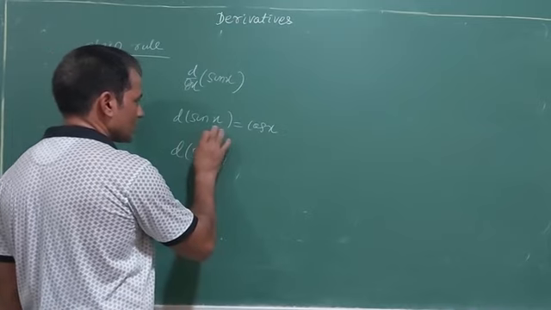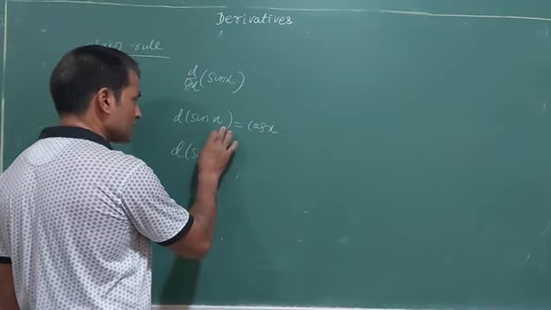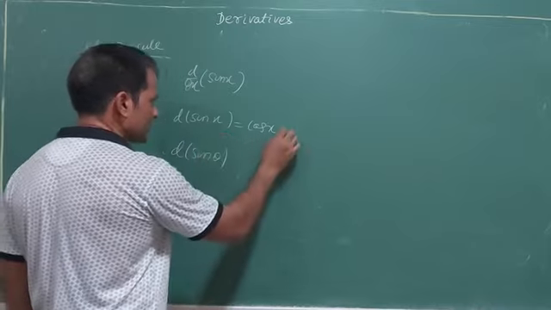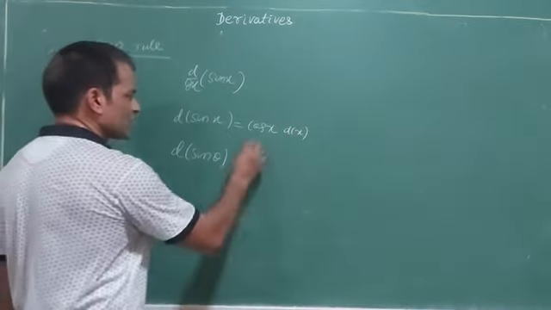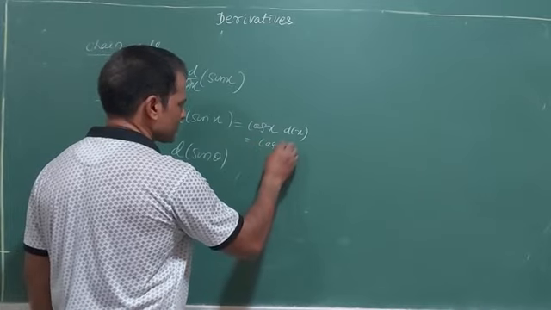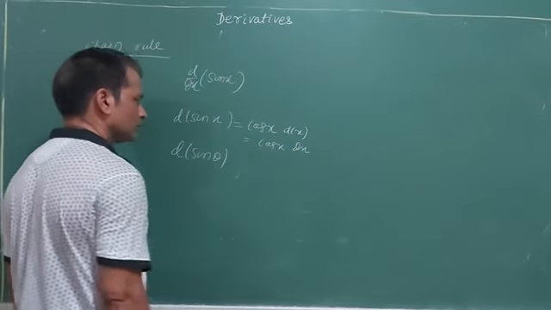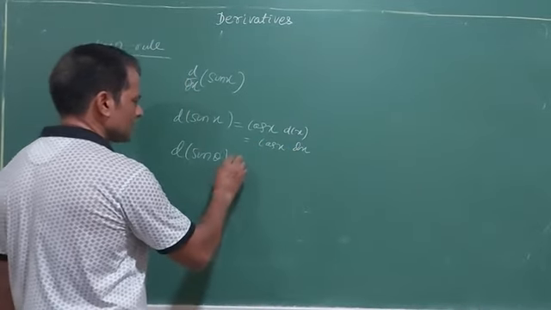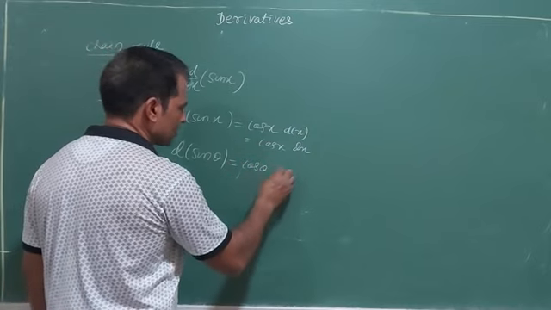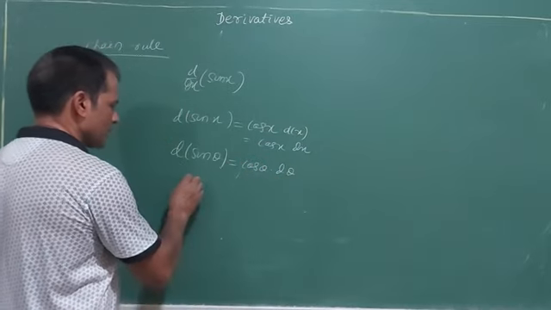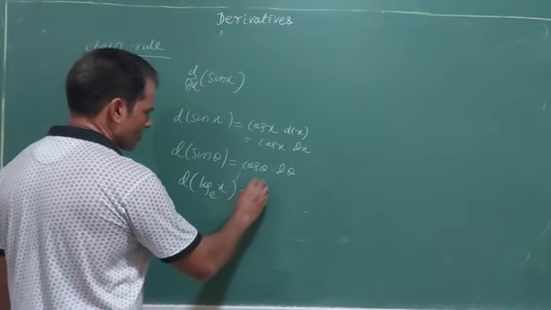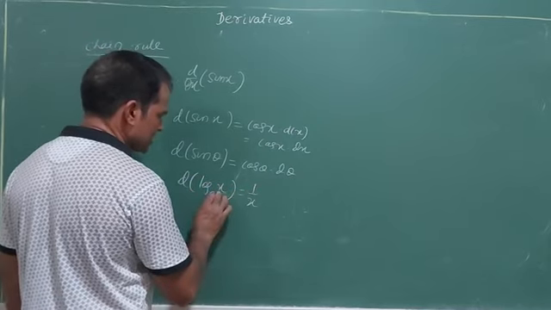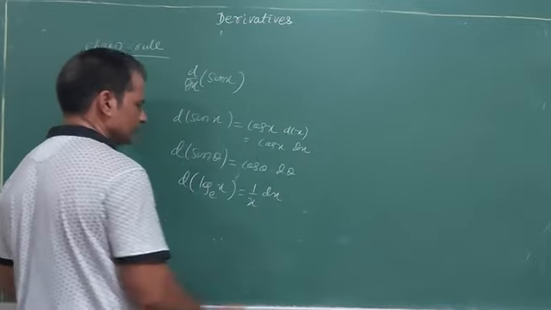I did the derivative of sin x, then I go for the argument derivative, d of x. That gives me cos x dx. d of sin theta is cos theta d theta. d of log x is 1 by x into the derivative of x, dx.